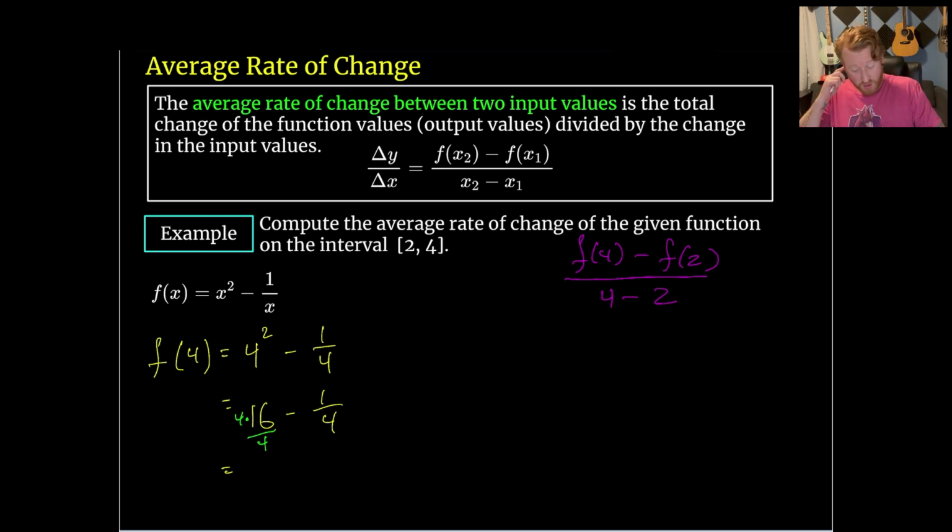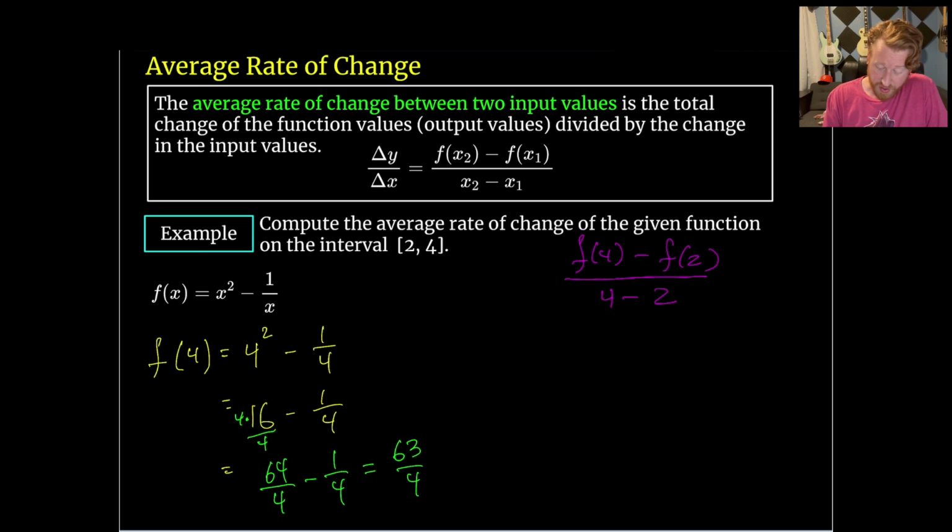So that 4 over 4 is just multiplying it by 1, so I can get a common denominator. 4 times 16 is going to give me 64. 64 over 4 minus 1 over 4 is going to give me 63 over 4. So there we've got that.